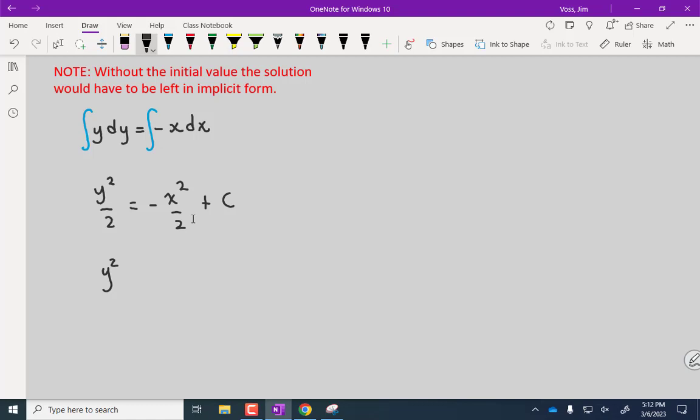Let's multiply this by 2 just to clear out the fractions. So that is our implicit general solution.